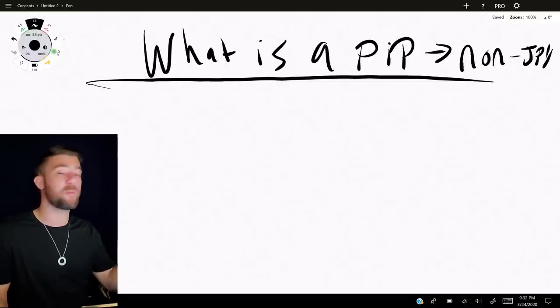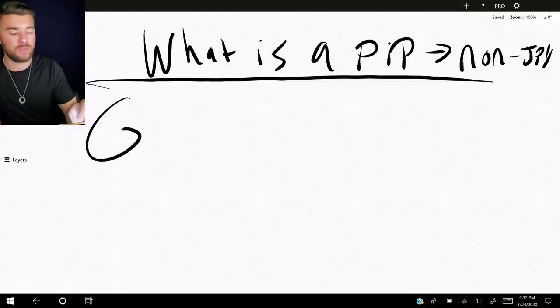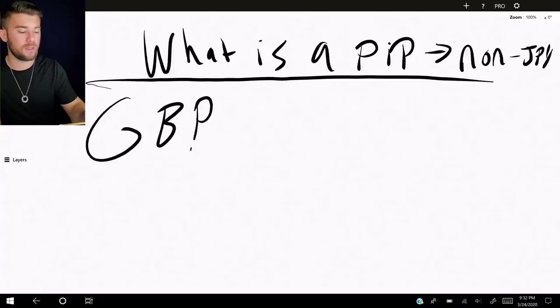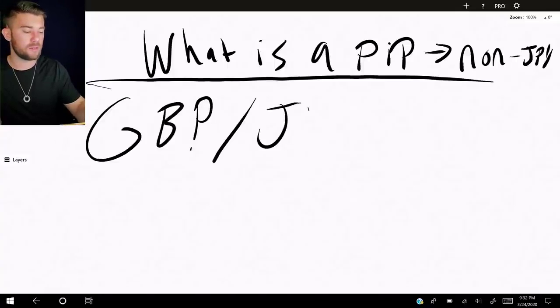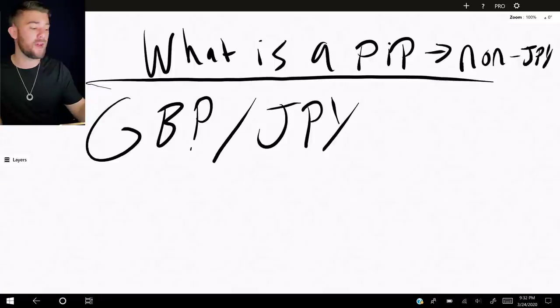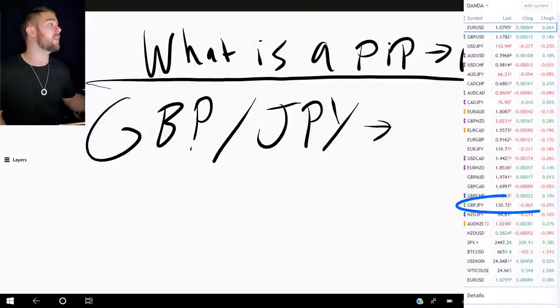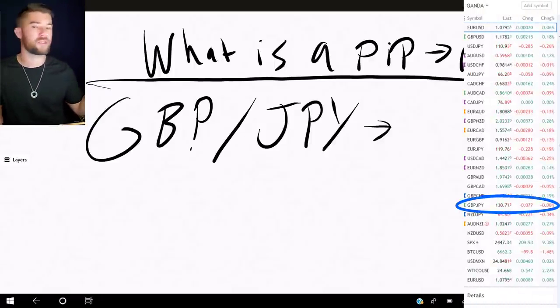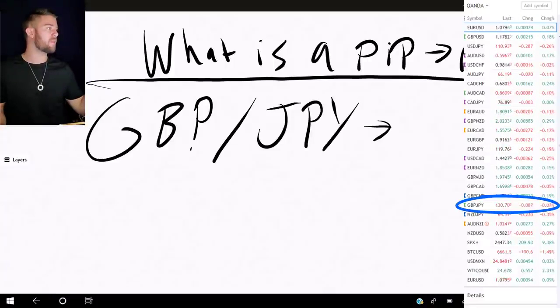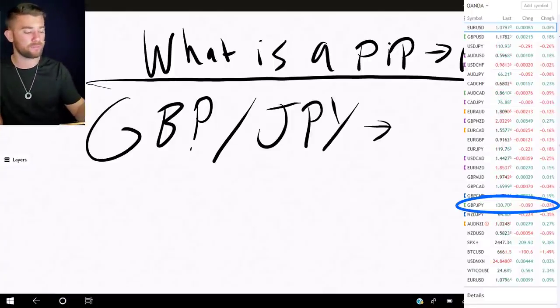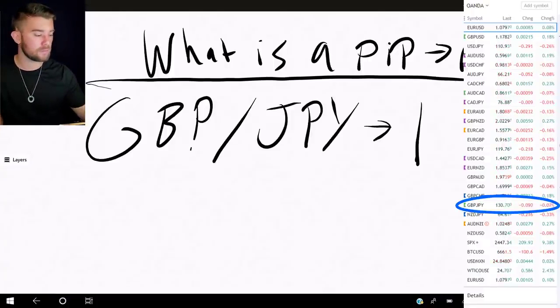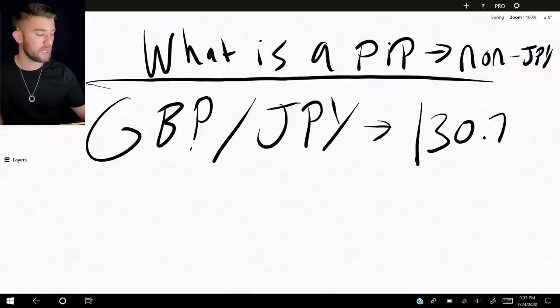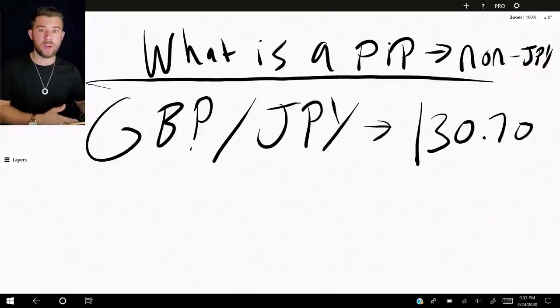Let's go into another yen pair. Let's try out the pound yen. So GBP JPY, and the value of this currency pair right now, if I find it on the chart, and I'll show you a screenshot of it somewhere, the value of the pound yen is 130.70. As you'll notice, because this pair has JPY in it, we only move 2 decimals from the decimal, right?